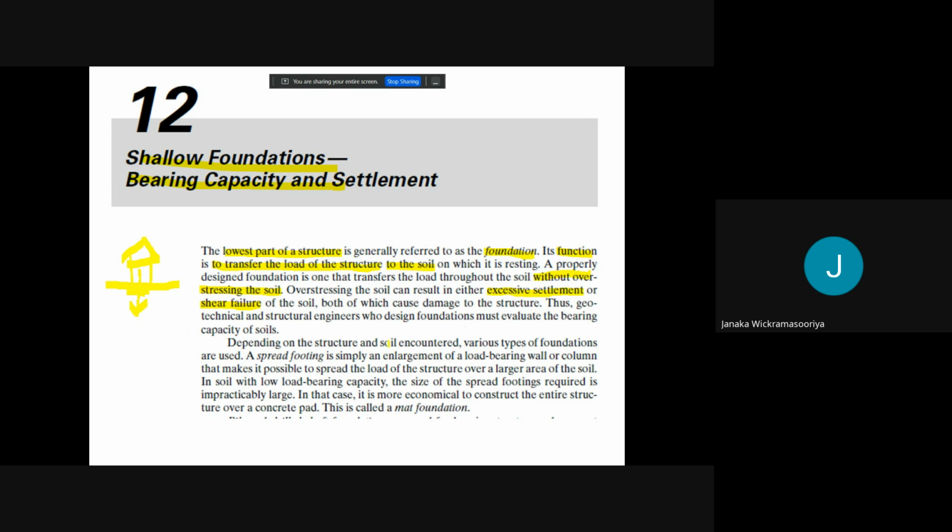Depending on the structure and soil encountered, various types of foundations are used. The first one is the spread footing. A spread footing is simply an enlargement of a load-bearing wall or column that makes it possible to spread the load of the structure over a larger area of the soil.